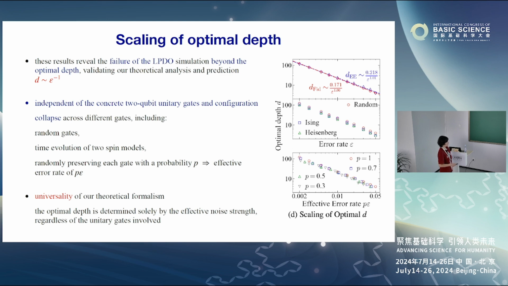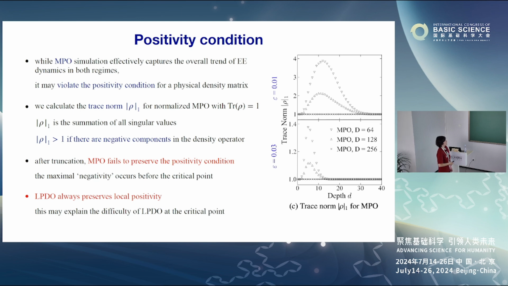So we see that all these collapse onto the same class. This marks the universality of our theoretical formalism. It can be used to tell how large we can go and how deep for the quantum regime. This means that the optimal depth is determined solely by the noise strength, regardless of the unit or the gates involved.